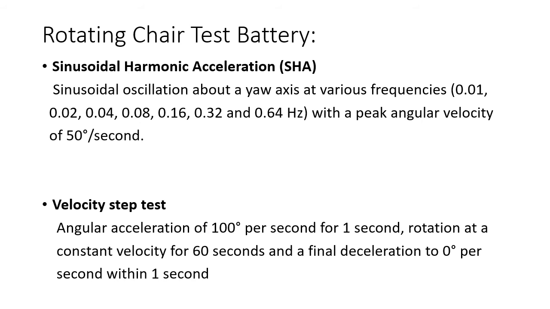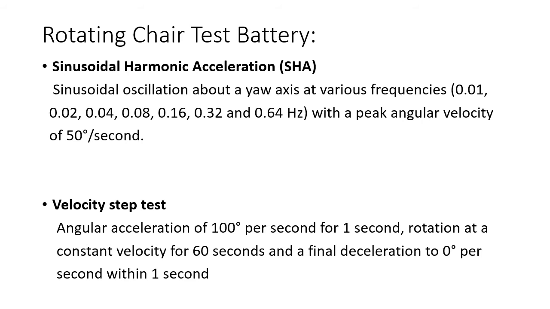The two most frequently used battery tests in the rotating chair are the sinusoidal harmonic acceleration and the velocity step test. In the sinusoidal harmonic acceleration test, the patient undergoes sinusoidal oscillation about a yaw axis at various frequencies.